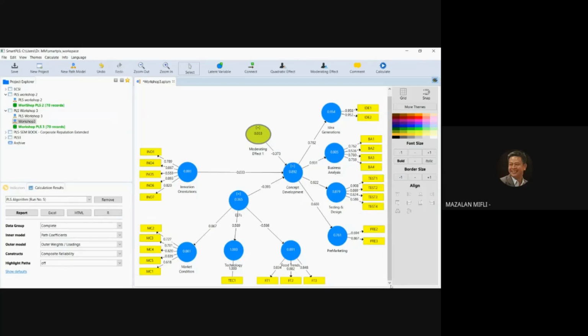It will look nice. Put it in your thesis with all those numbers. You design them, making sure that they are visible and easy to read. Just put it there. Once you have that, these are all beta values. These are path coefficient values.